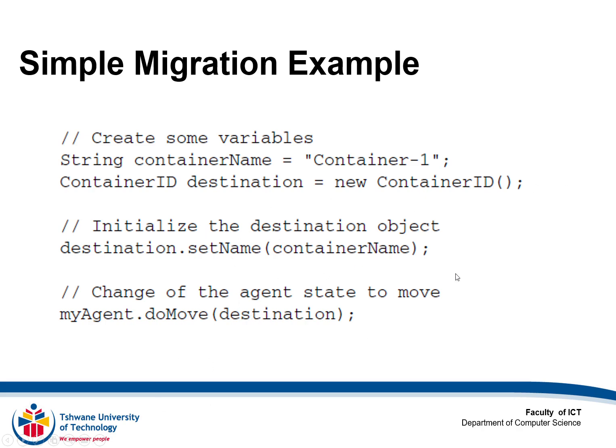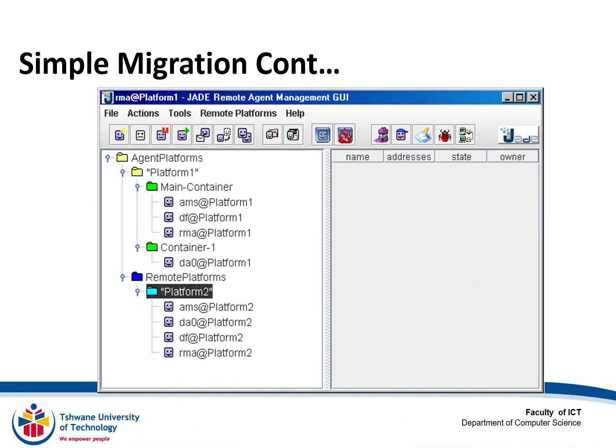Then you initialize the destination object, and to do that, you set the name of the container that you have just created. Remember, it was container 1 there. Then you can change the agent state to move by calling the doMove method and giving it the destination, which in this case was the container ID that was created there. That is just a high-level example of how that can happen.